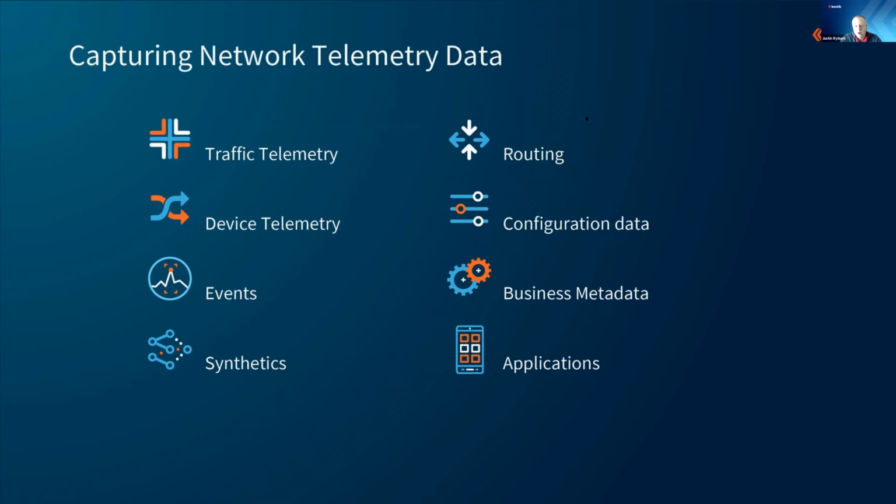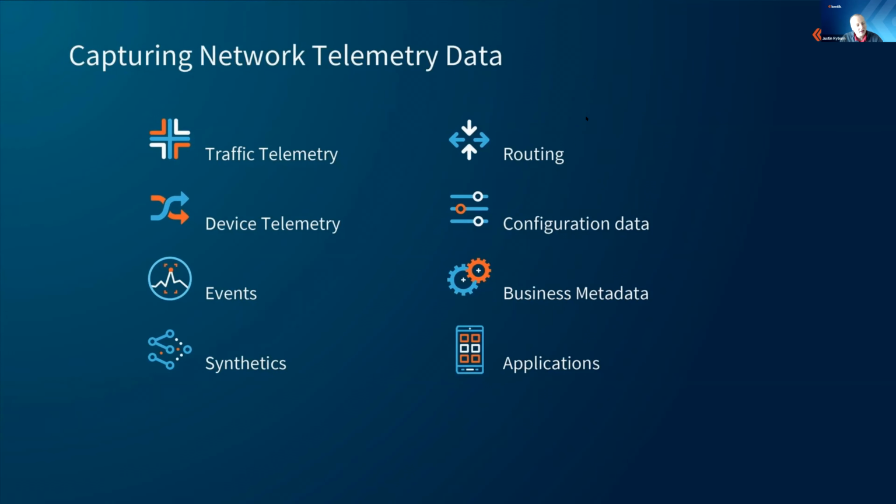And then now as people are starting to adopt some of these new streaming telemetry protocols like gNMI, how do we get telemetry off of these devices and correlate that with the traffic telemetry? We add in things like events. Did an interface go down? Did a route flap? Did an entire router reboot? What kind of events are taking place in the network, which are affecting the traffic in the network?